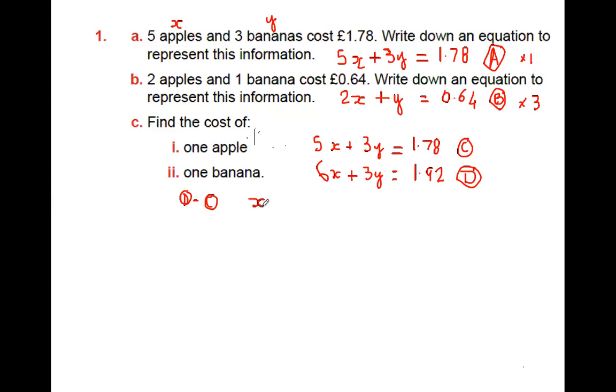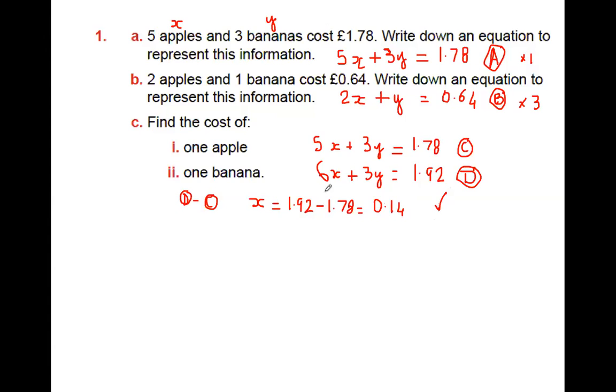Excellent, that's what I was looking for. 3y minus 3y is 0. 1.92 minus 1.78, and that's the price of my apples. So 1.92 minus 1.78 equals 0.14, or 14 pence. Quite cheap. 14 pence for an apple.